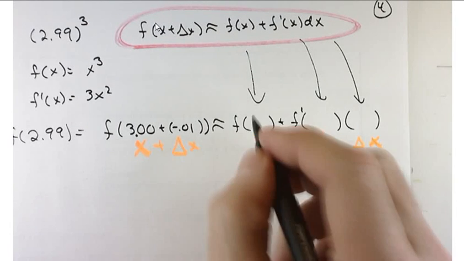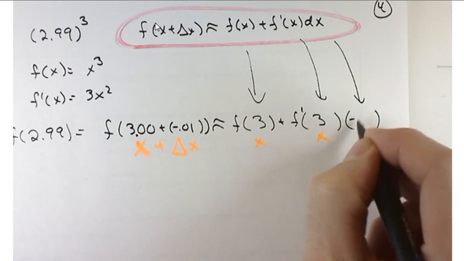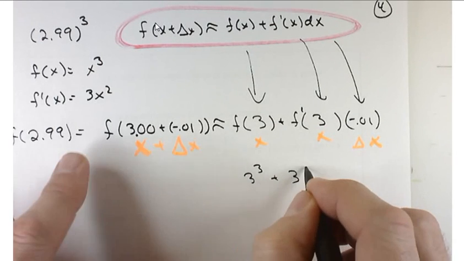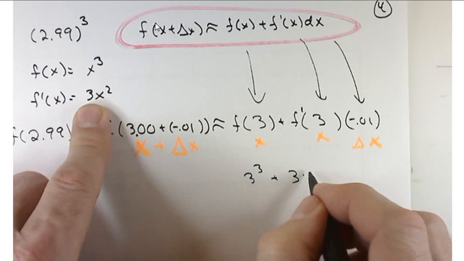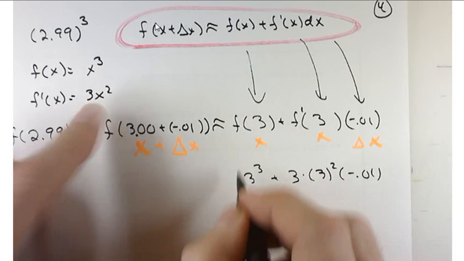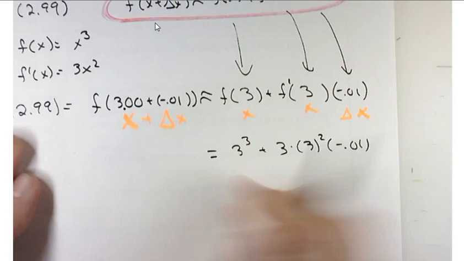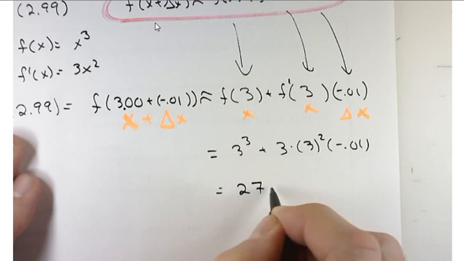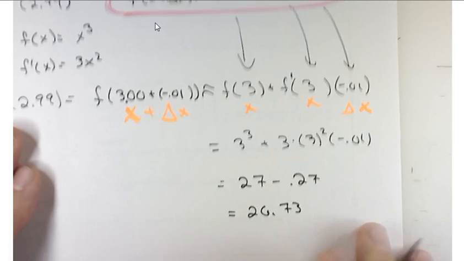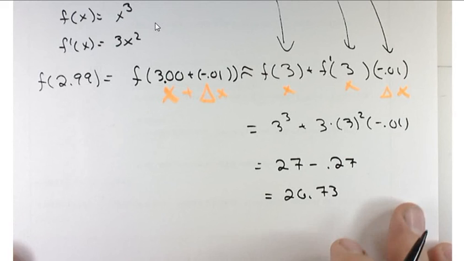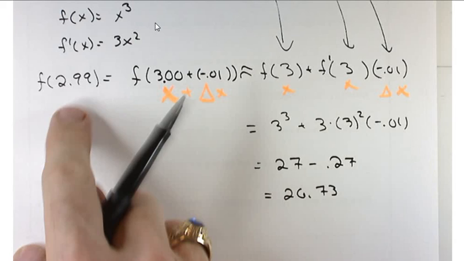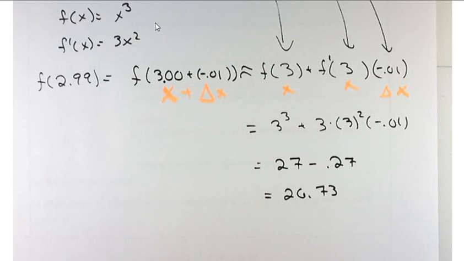So plugging those all in: f of 3, f prime of 3, negative 0.01. F of 3 is 3 cubed, plus 3 times 3 squared, times negative 0.01. So this equals 27 minus 0.27, which is 26.73. So that's our estimated value. It's an estimate because we have an approximate sign here. That's approximately what f of 2.99 is.